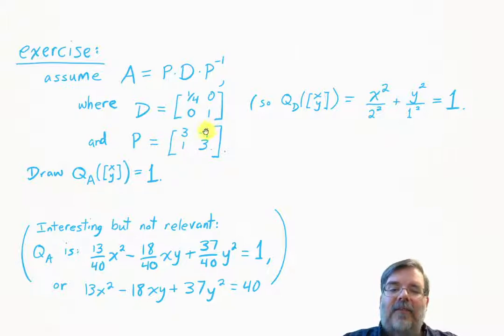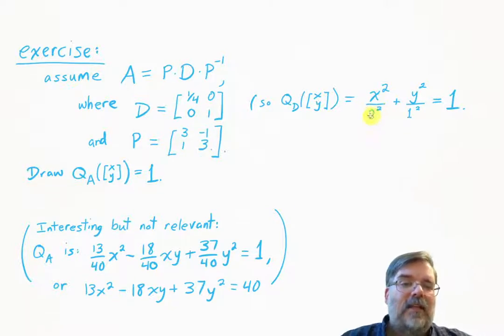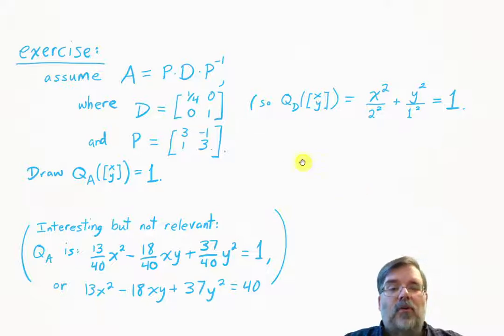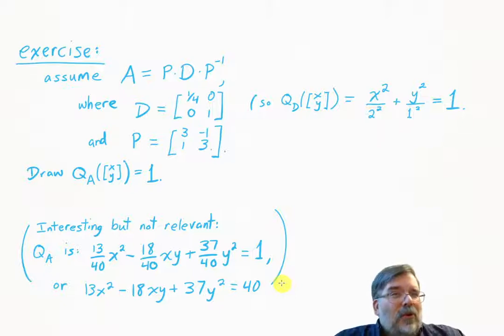The eigenvectors tell you how to draw the rotated axes, and then these values of alpha and beta tell you how far along you have to move along each axis to get your 4 points on your ellipse in this case, because both these are positive. It's interesting, but not relevant. You have enough information to figure out what the original function was.